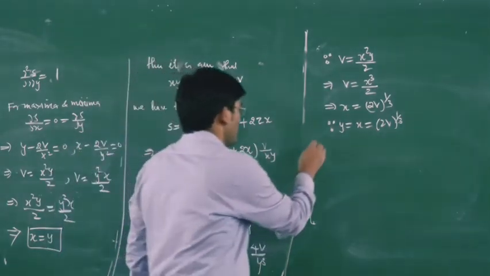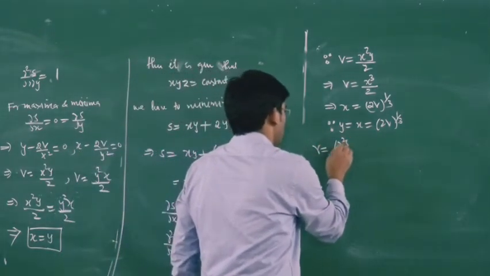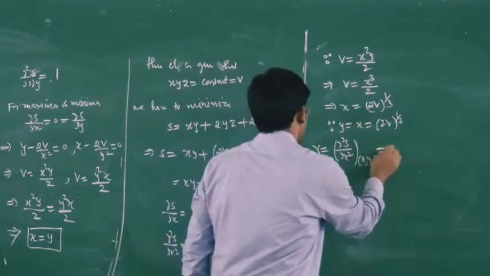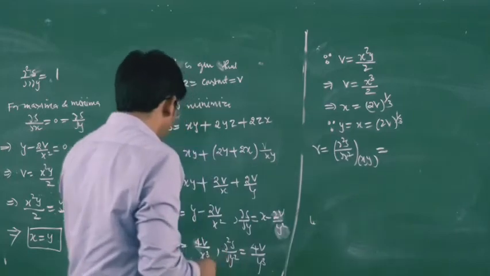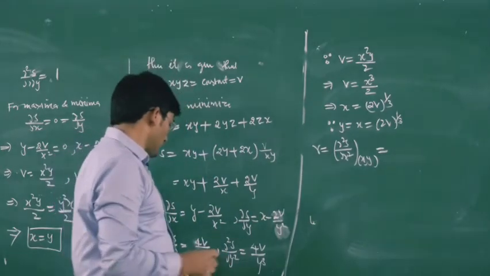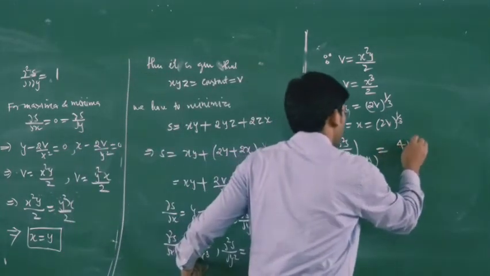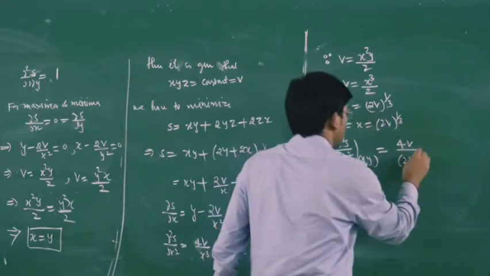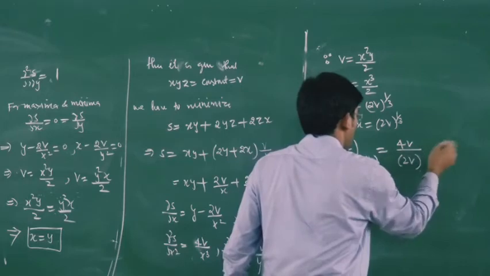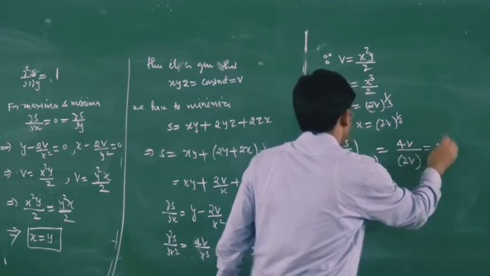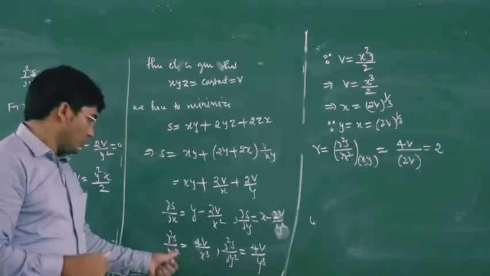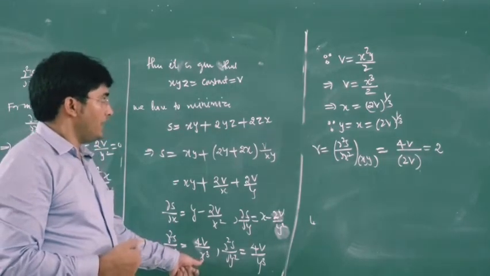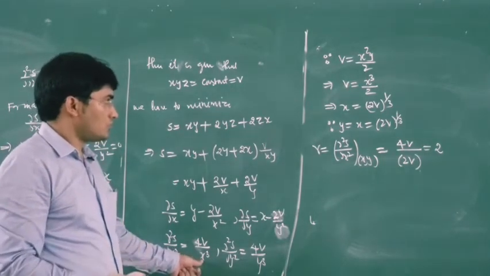Now let us compute r. R means del 2 s upon del x2 at x comma y. So del 2 s upon del x2 will be 4b upon x cube, and x cube will be just 2b.